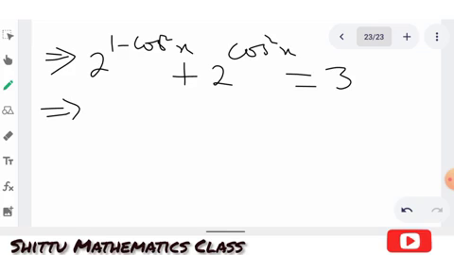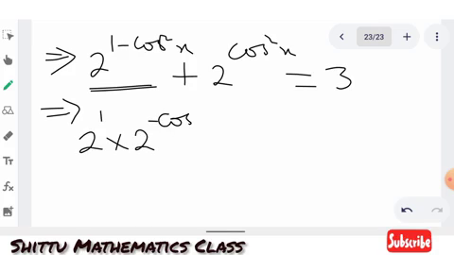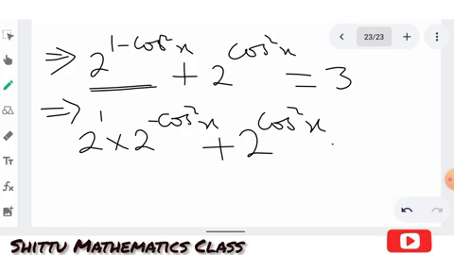Another thing we are going to do here is apply the knowledge of indices. This first term can be written as 2 to power 1 multiplied by 2 to power minus cos square x, from the law of indices, plus 2 to power cos square x equals 3.